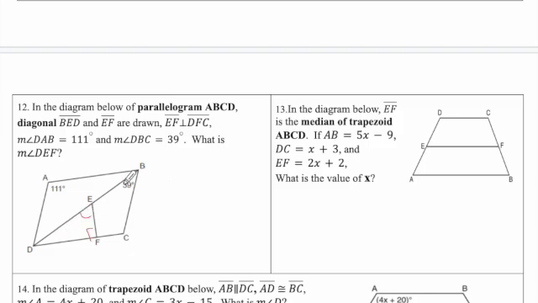Well, to find out what this angle is here, before we get to DEF, we know that this is alternate interior angles. We also know that this is supplementary. So 111 plus 39 plus something, we'll call it x, equals 180.